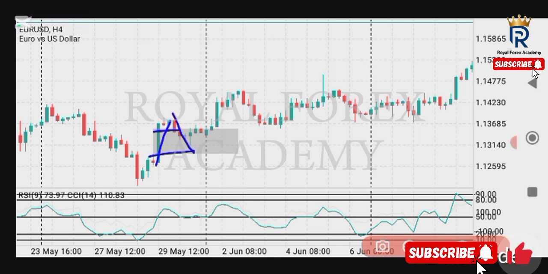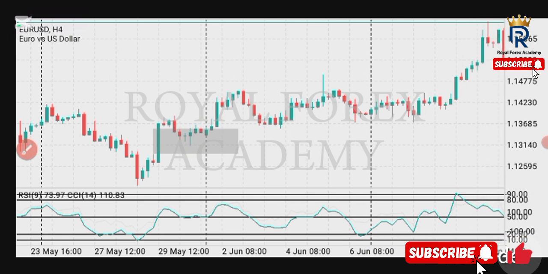It's not supposed to move leaving a gap, and as such price will always reverse to fill in that gap. So that is why we are looking at this. In this scenario, you can see that price came to fill in this gap before continuing to the upside.